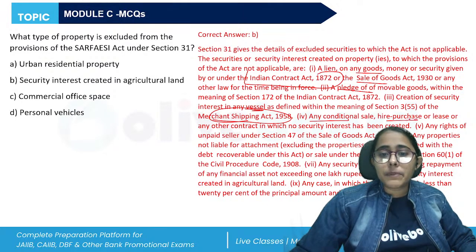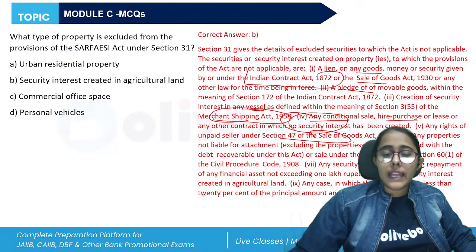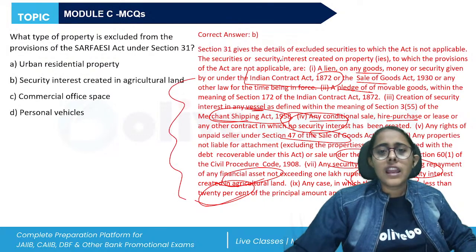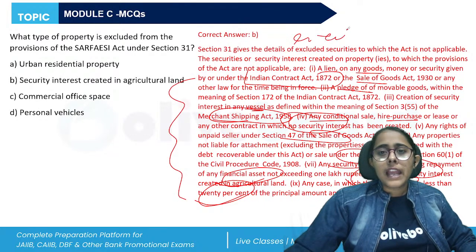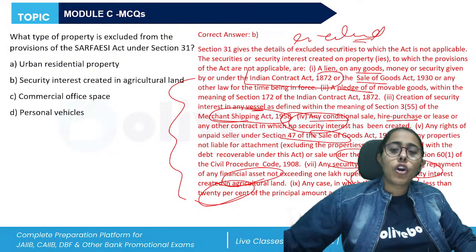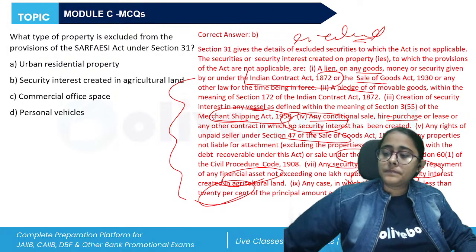Conditional sale, hire purchase where no security interest has been created. Any rights under the Sale of Goods Act or any security interest that is created in agricultural land, amount that is due in less than 20%. So all of these are excluded under the Act where the Act is not applicable.